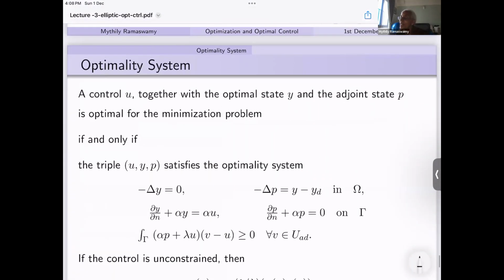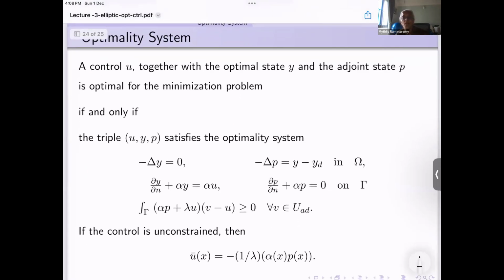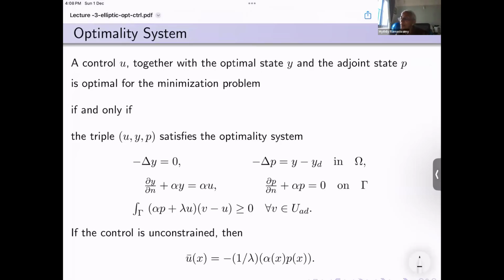So I'll just indicate what the optimality system is. Whatever you put as Neumann boundary conditions, a similar Neumann boundary condition appears for p, whereas the right hand side is y minus yd, that is the same as before.